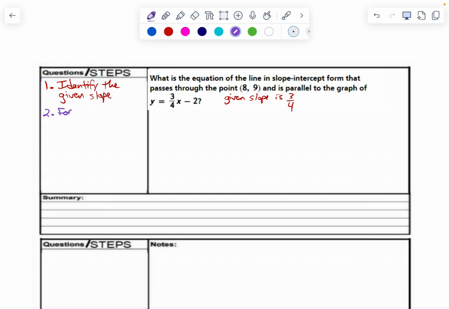So we're going to try to make these notes a little bit flexible. For parallel, use the given slope. It's the same. For perpendicular, what are we going to do? Yep.